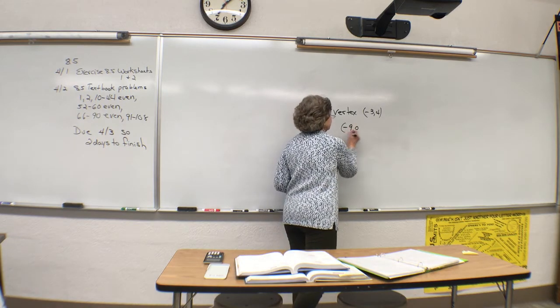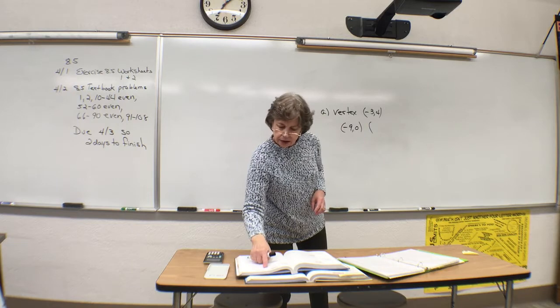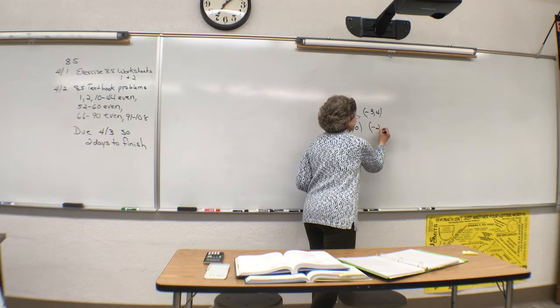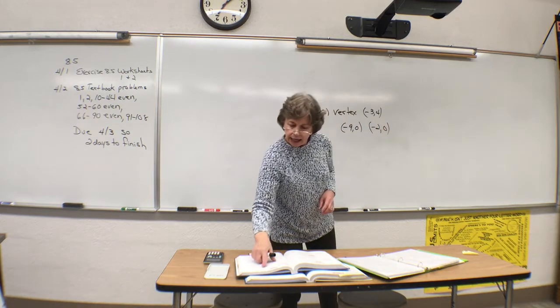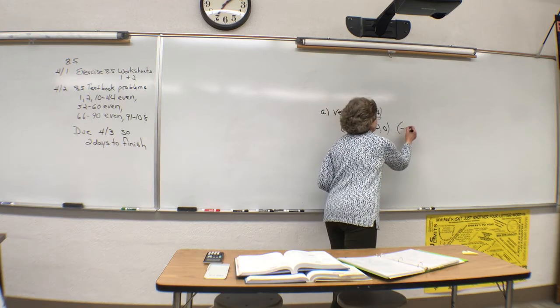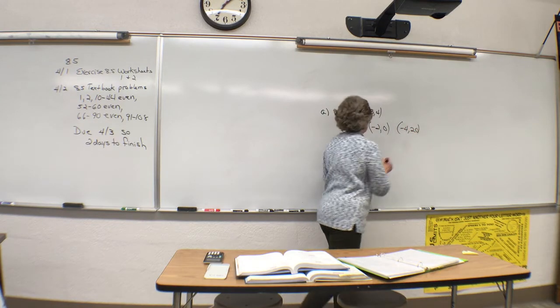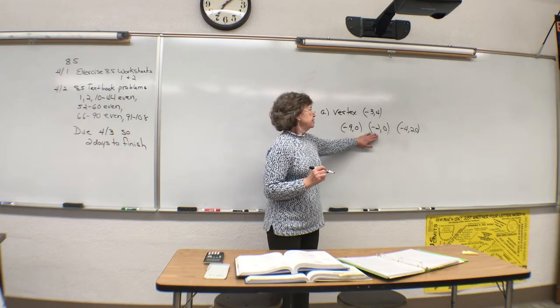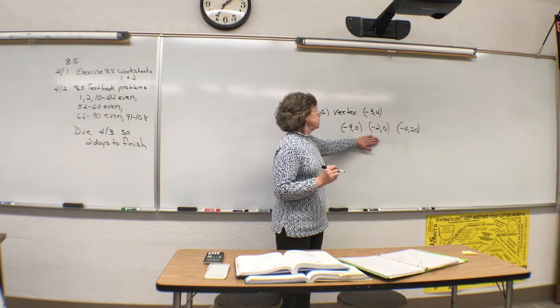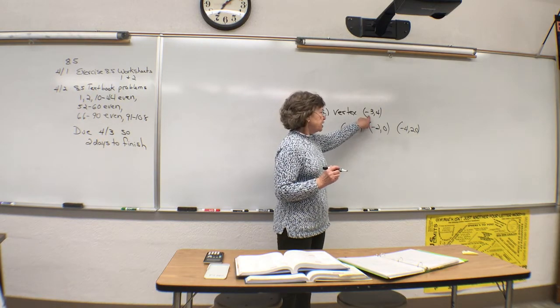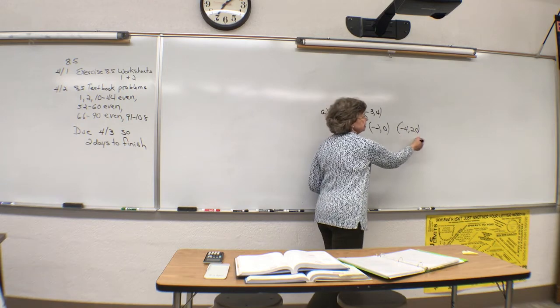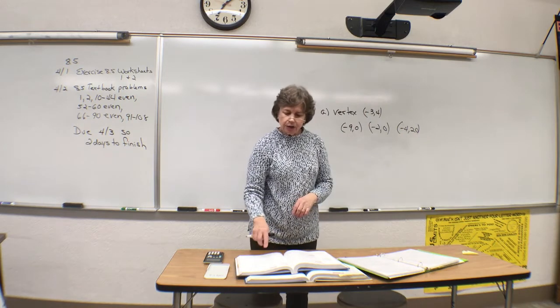Negative 9 comma 0, negative 2 comma 0, and negative 4 comma 20. What do we know about these points? Those are the x-intercepts, and we've got a vertex at negative 3 comma 4, and that point's got to be on it.